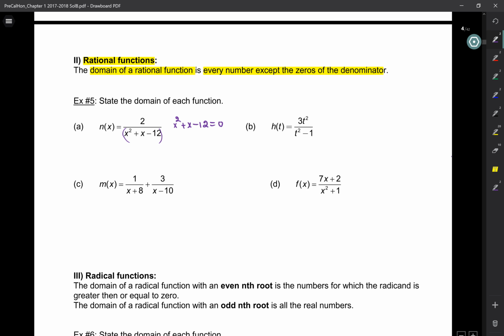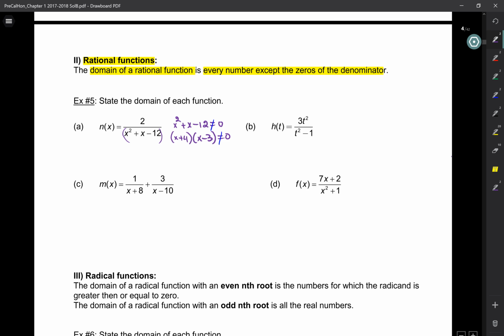It's factoring. So x plus 4. The better notation is, we can say x squared plus x minus 12 cannot equal 0.